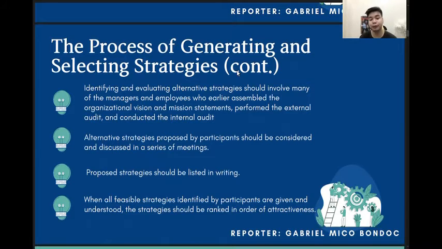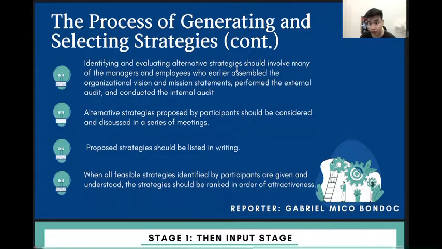Number five is the proposed strategy should be listed in writing or documented properly. And last is when all feasible strategies identified by participants are given and understood, the strategies should be ranked in order of attractiveness. Now, it should be decided which is the best of the best.